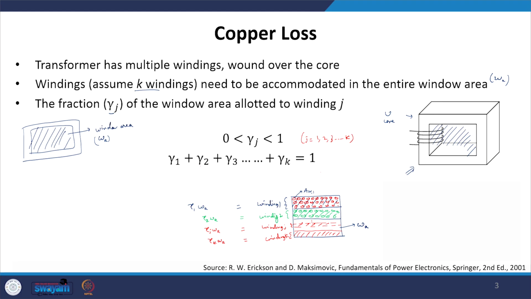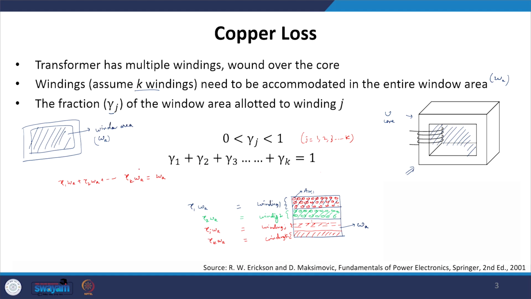Now at the same time, what we can say is that the summation of all those fractions of the window area allotted has to be equal to 1, because we can write that gamma 1 WA plus gamma 2 WA and so on, up to gamma k WA, is equal to WA, because the fractions of window area allotted to individual windings have to sum up to the window area itself.